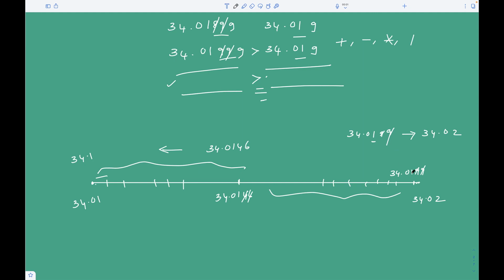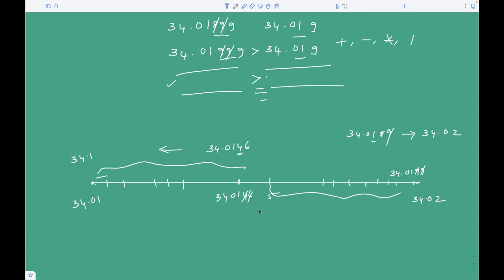Now dragging a number to this upper end is called rounding up, and to this lower end is called rounding down. Now the question is, just by looking at a number, how do we tell whether to round it up or down? Simple. We can imagine that this line is divided into 10 equal divisions, then the midpoint will be at 5. Now look at the first digit that we are dropping, or the first non-significant digit.